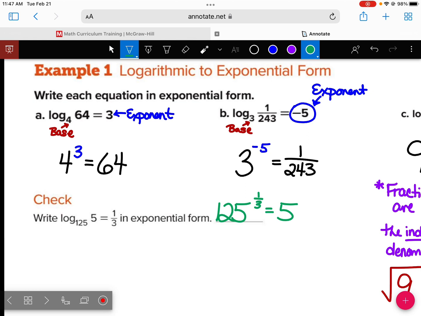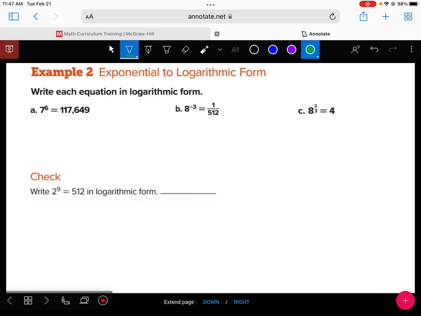All right, flip the page over for me. We're going to go the other way. What form are all of these written in? Exponential form. How do you know? What do all of them have? They all have exponents.